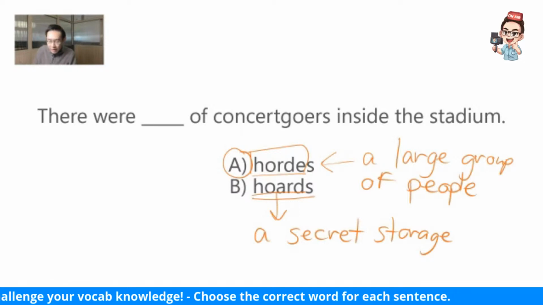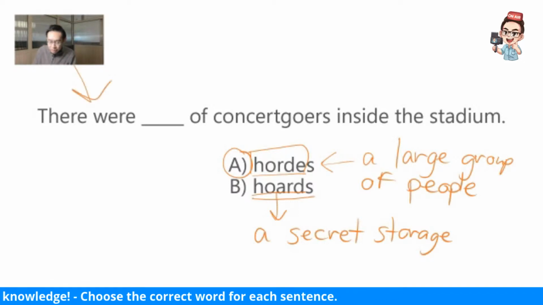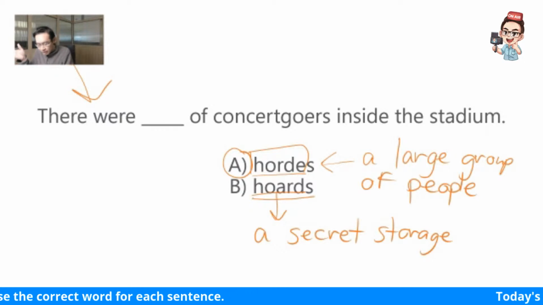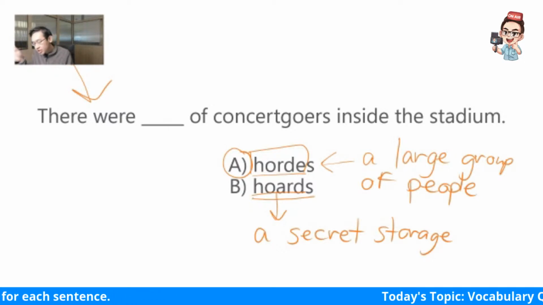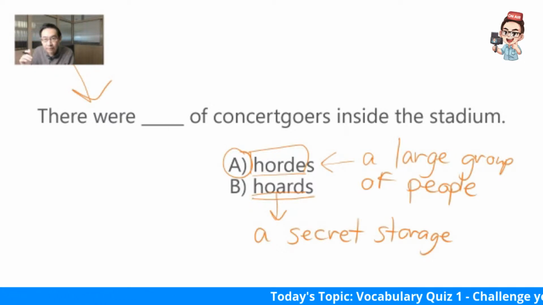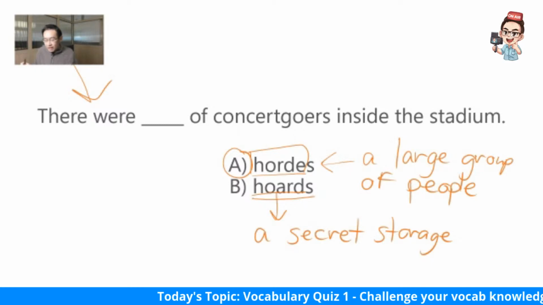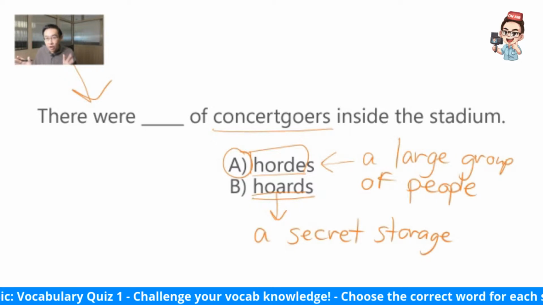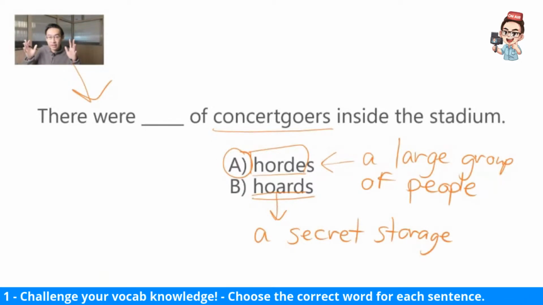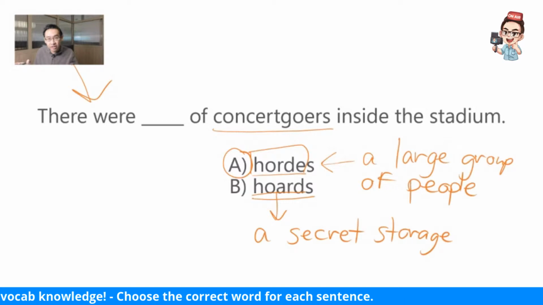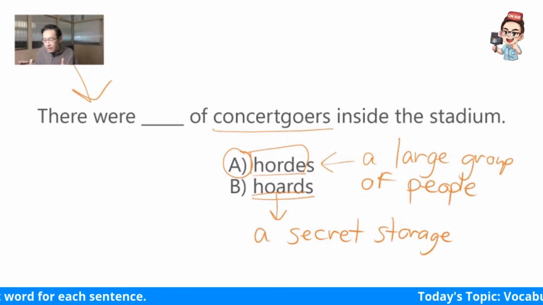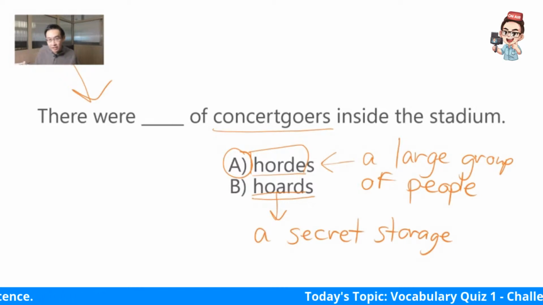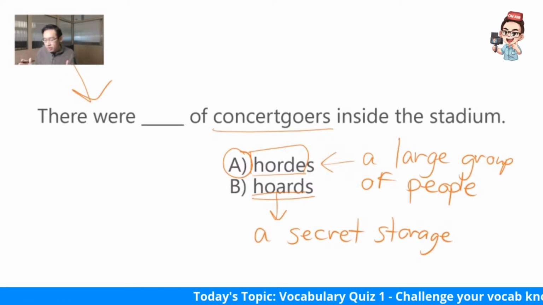If we go back to the sentence, we can see that A is the best because it says, there were hordes of concert goers inside the stadium. We want to say that there were what? Concert goers, or people who go to a concert, when there is live music playing. So these people are going to a live music event, so we can say they are concert goers.